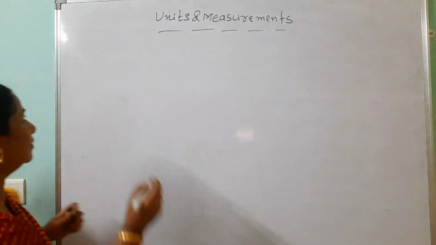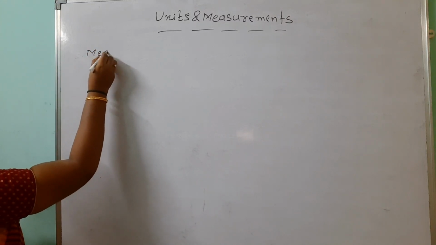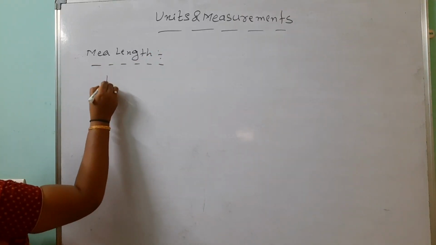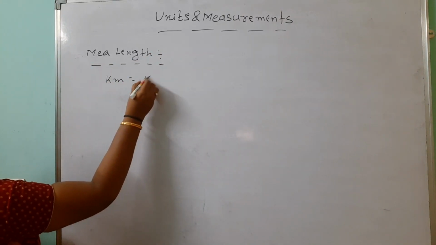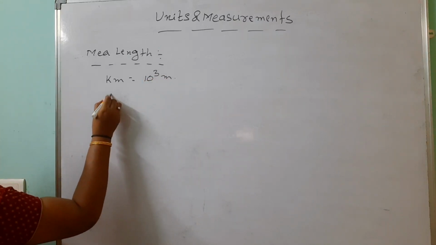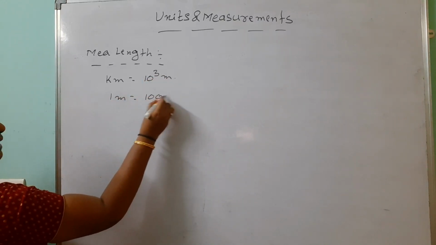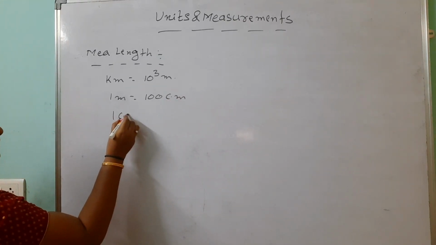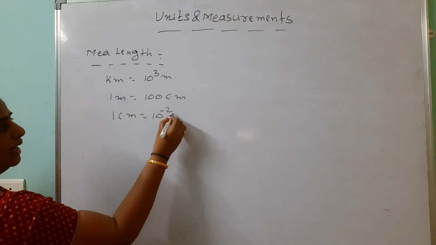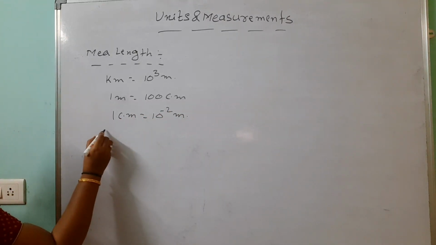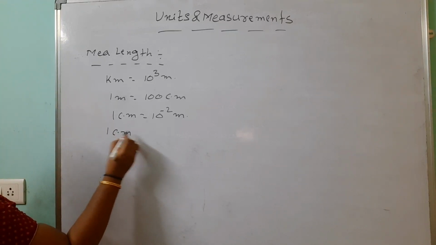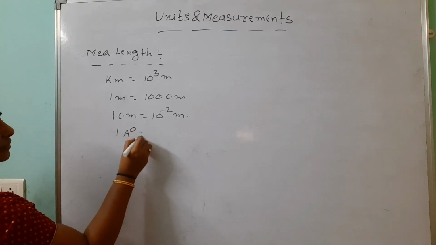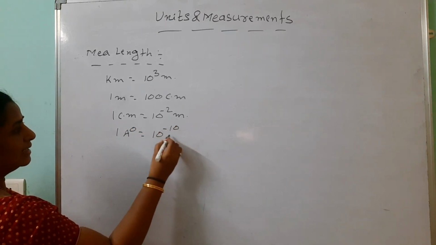Always remember that when measuring length, for long distances we mostly prefer the kilometer. 1 kilometer equals 10 to the power of 3 meters. 1 meter equals 100 centimeters. While doing problems, you must remember that 1 centimeter equals 10 to the power of minus 2 meters. 1 angstrom, very small, is 10 to the power of minus 10 meters.